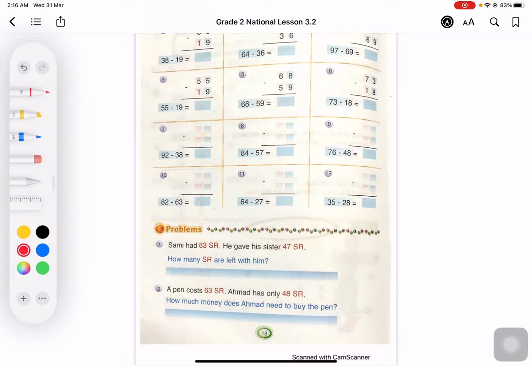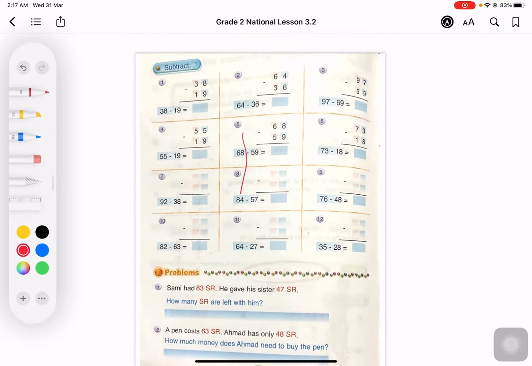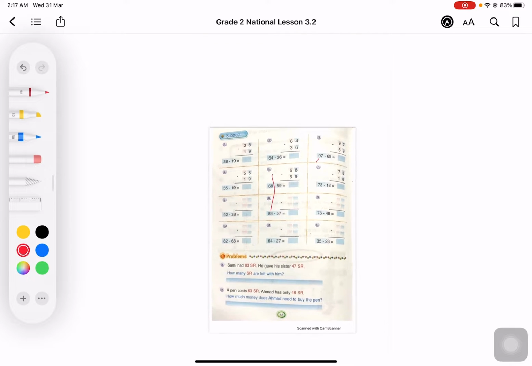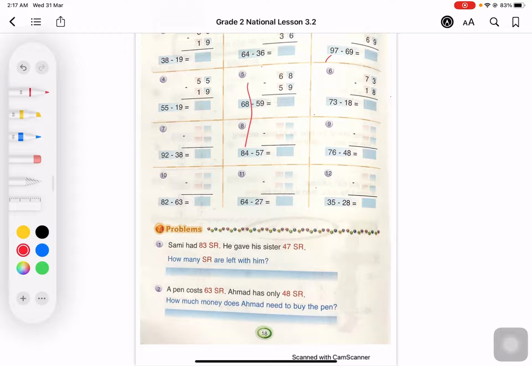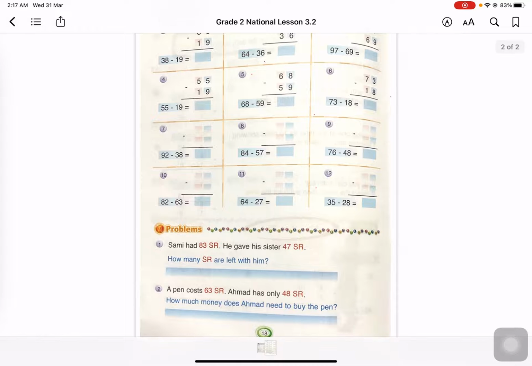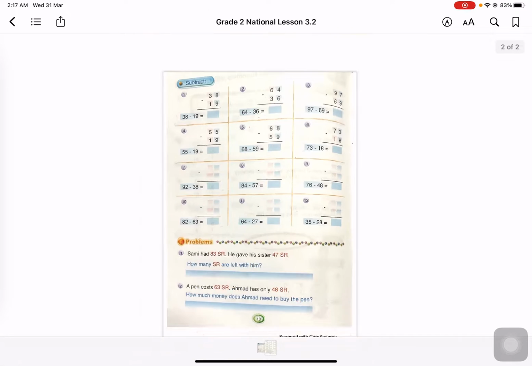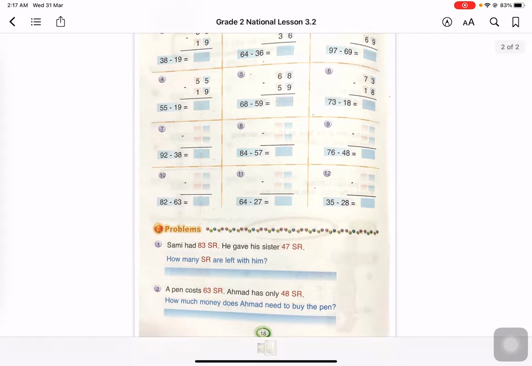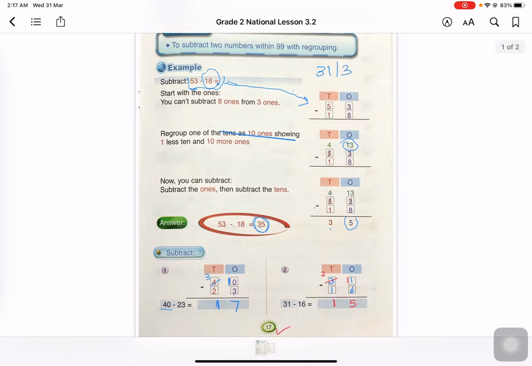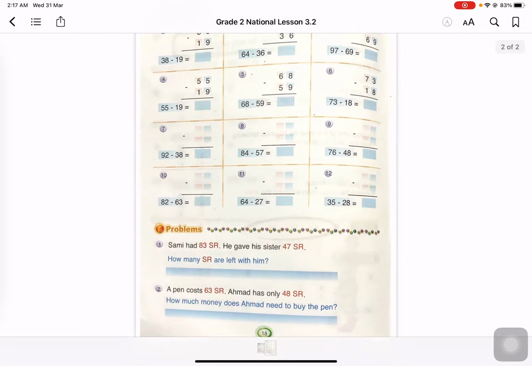The 3 will be 2. My first question is 38 minus 19.